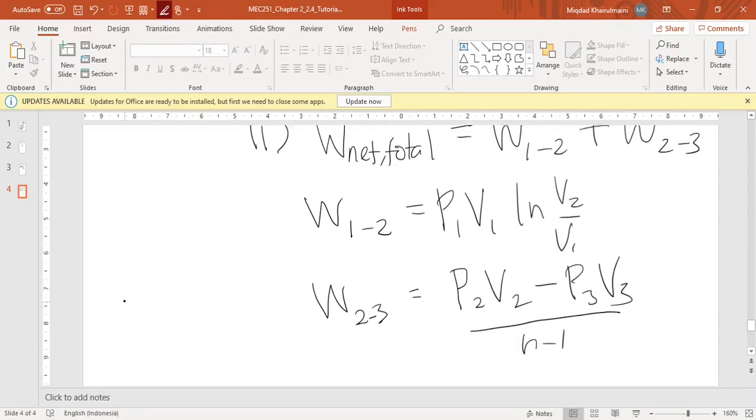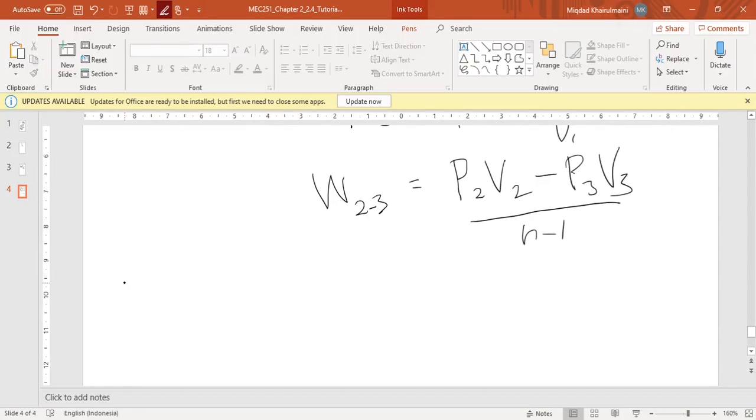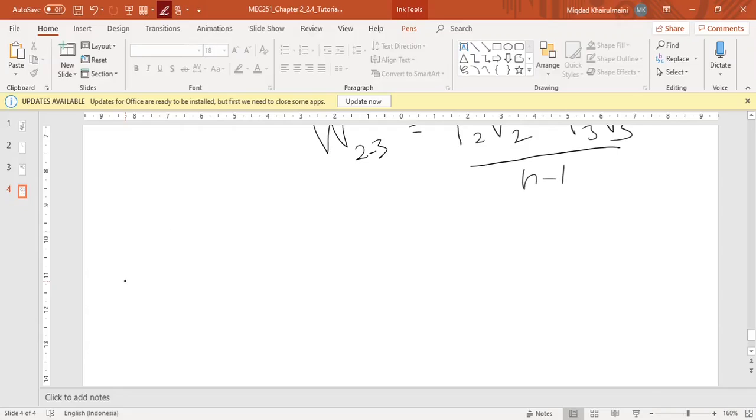But first, for step 3, the properties. For state 1, based on the equation there are no properties that we have to find, but we still have to write them down just to make sure. So 800 kilopascal, V1 is 0.08.